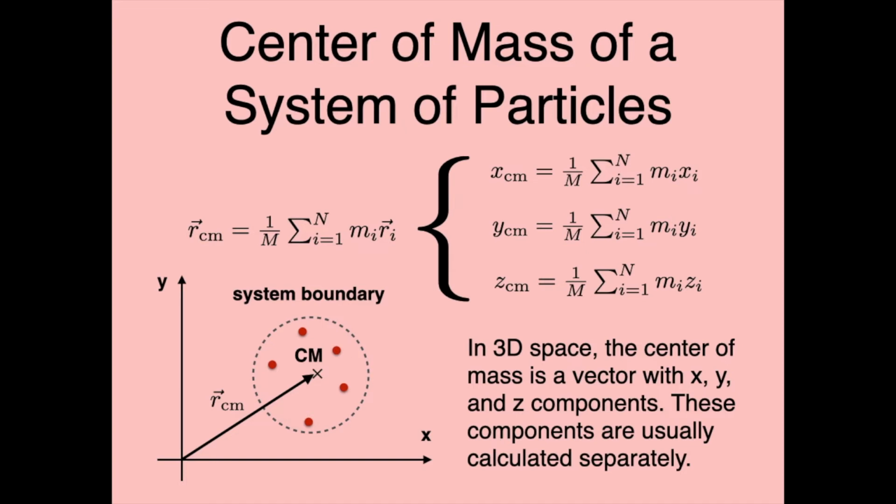If I want the Y position of the center of mass, again, it's 1 over the total mass times the sum of mi yi. You could do the same for Z if you wanted to. The point is, this breaks into X, Y, and Z components, which you can calculate individually. So you know exactly where the center of mass is, as long as you know where all the different parts of your system are.